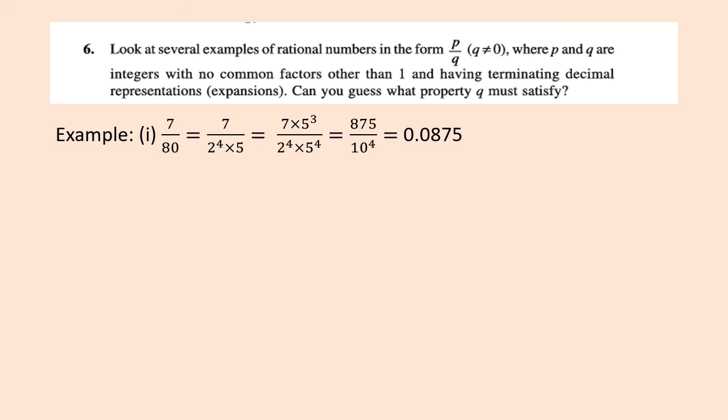So you are getting 7 multiplied by 5 raised to 3 upon 2 raised to 4 multiplied by 5 raised to 4, that is 875 upon 10 raised to 4.